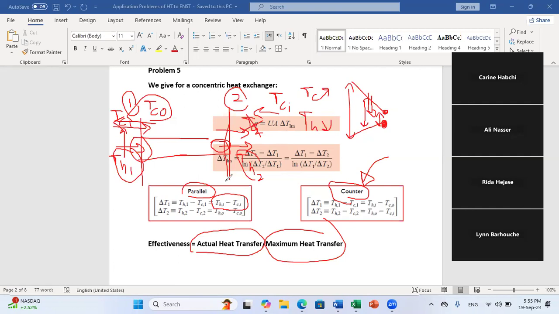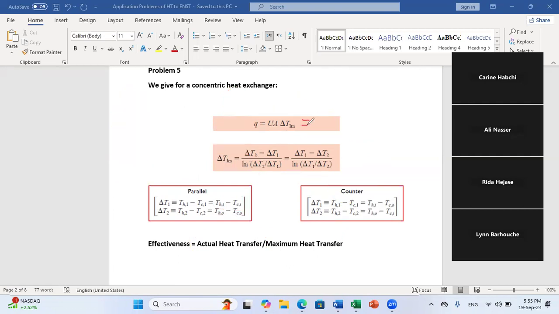In case of sensible heating, you can write Q in this form, but at the same time, you can say that it's equal to m dot of fluid A times the specific heat of fluid A times delta T of this fluid. The same for B. So if you use these relations, you will be able to solve for the unknowns in your problem. And we'll see now an example of this.